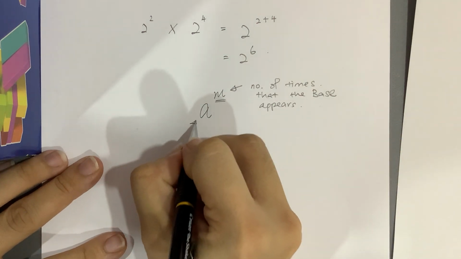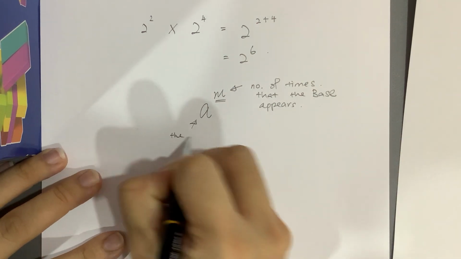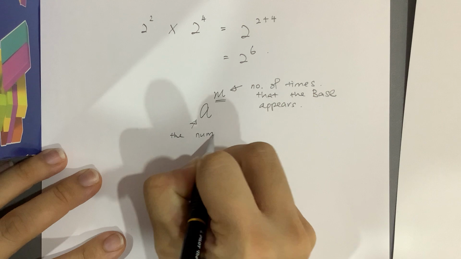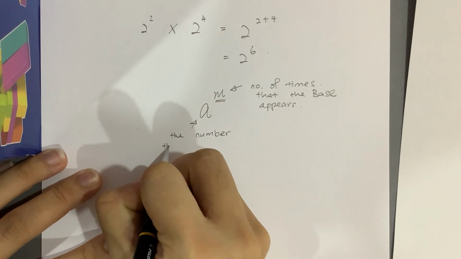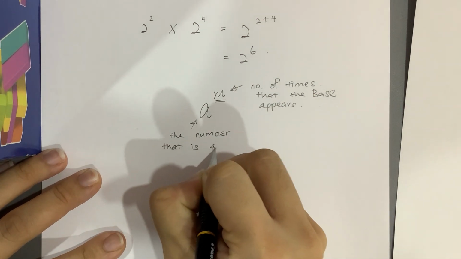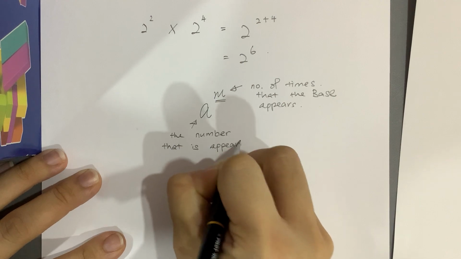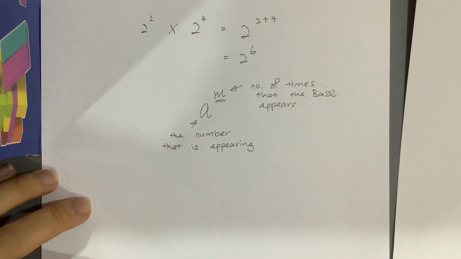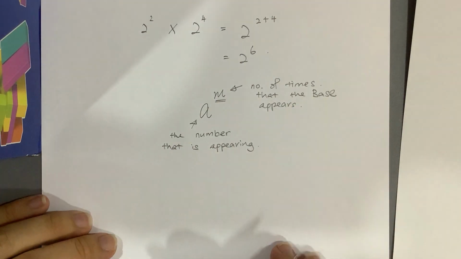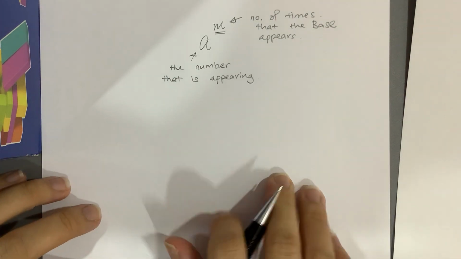Okay, so a is the number that is appearing. If you know this, then let's go to the basics.